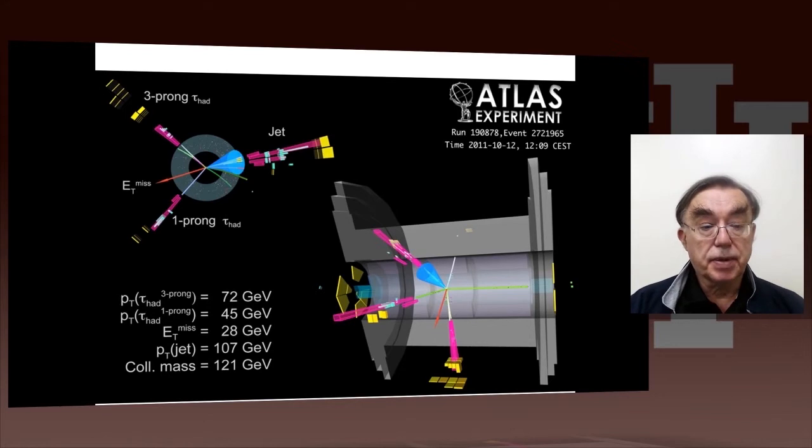Here is a picture of what happens. We have protons coming from the left and the right, and they collide in the middle here. Most of the stuff actually goes back along the direction of the protons, but some of it comes out transversely, and that's what we trigger on, because that's a signal of an interesting event.